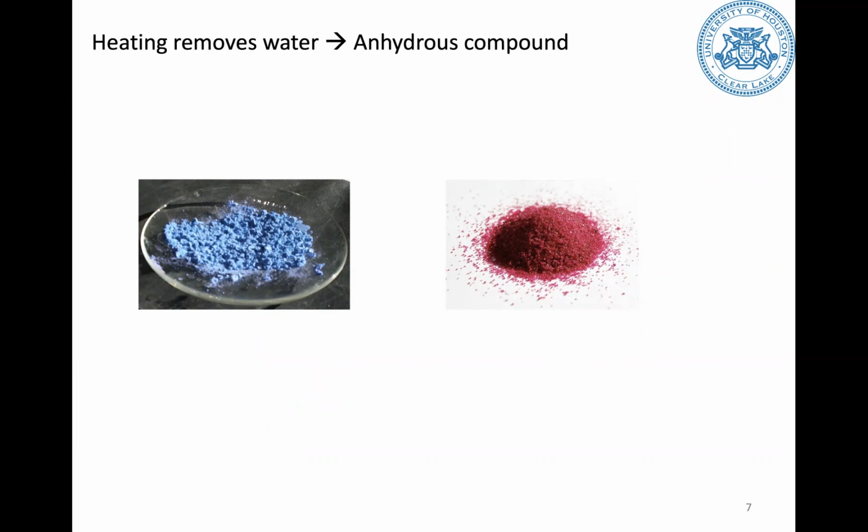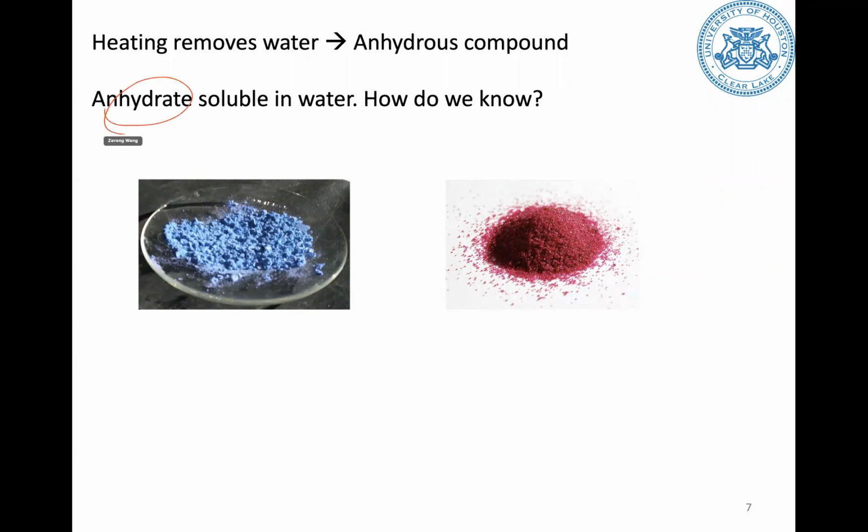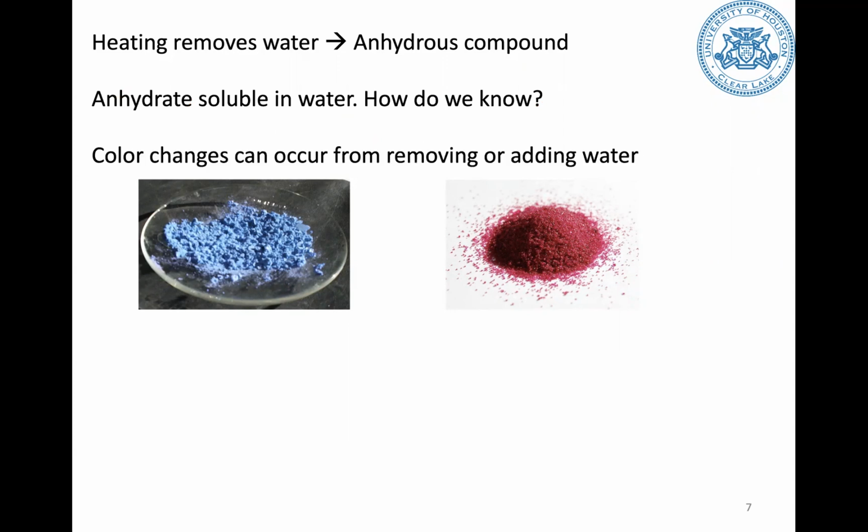So heating will remove the water, right? And you see here, the anhydrate is soluble in water. How do we know? You can simply put some of these anhydrates in water and see whether they dissolve or not. That's how we know. And here, color change can occur from removing or adding water, exactly like I told you.